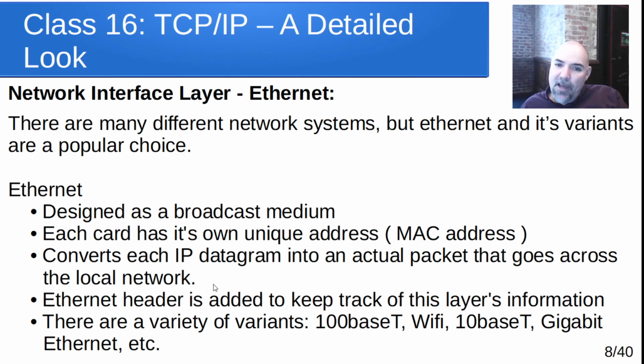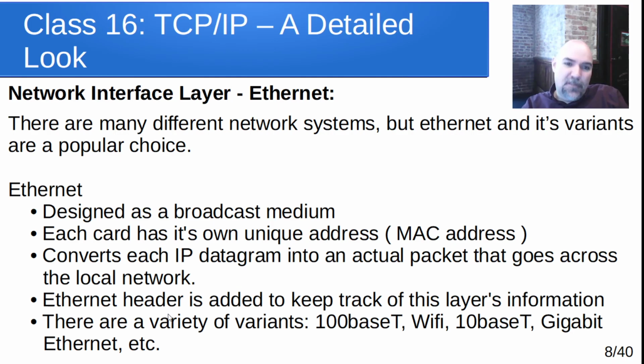But note that you could have the TCP and IP packets wrapped in a different kind of network interface layer packet structure. Fiber optic, some sort of alternate communication form, carrier pigeons, whatever.